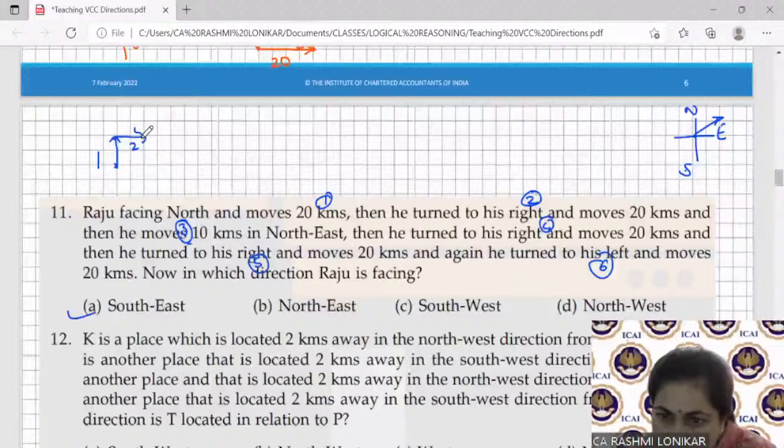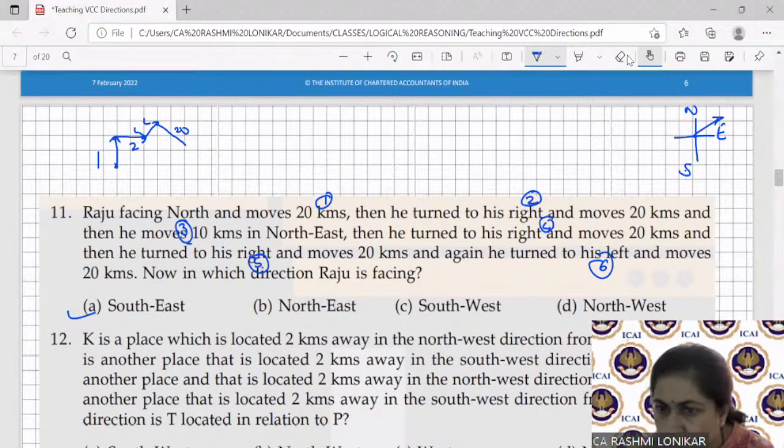He is from here, he is moving in this direction. Again, this is his left and this is his right. So where is he going from there? He's going 20 kilometers. So this is point 4.